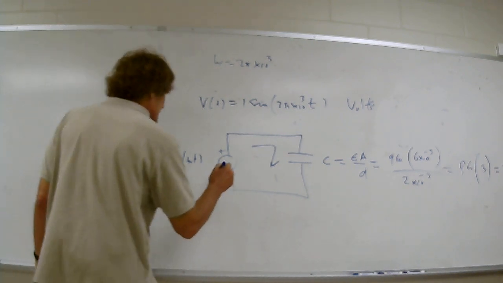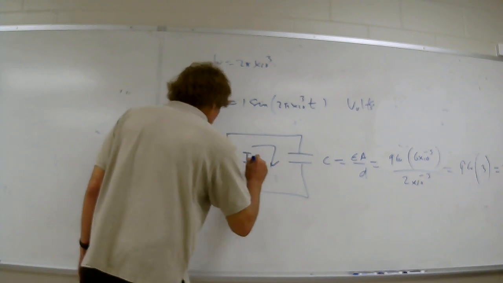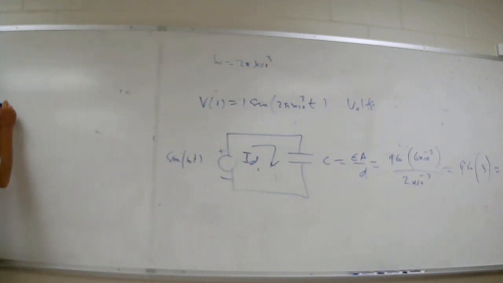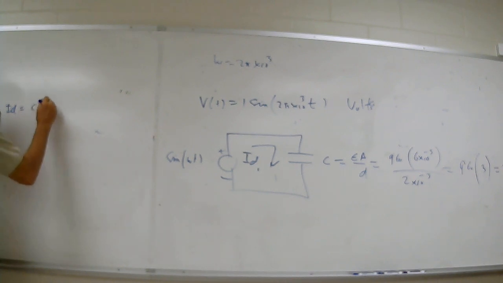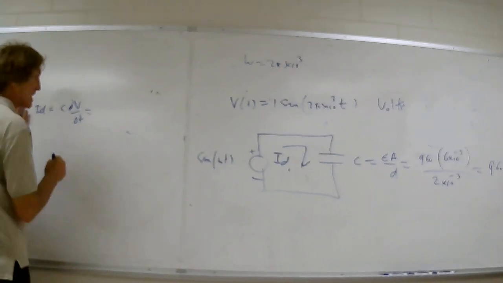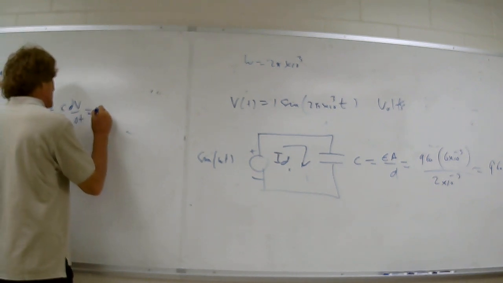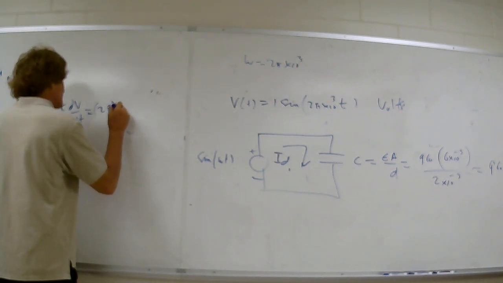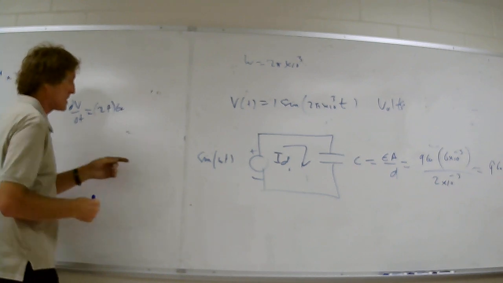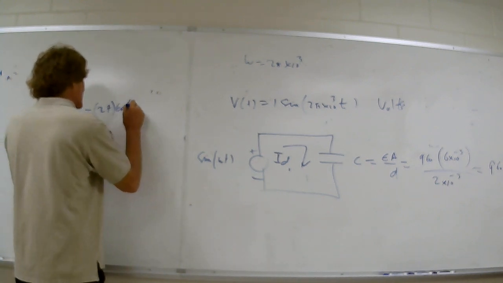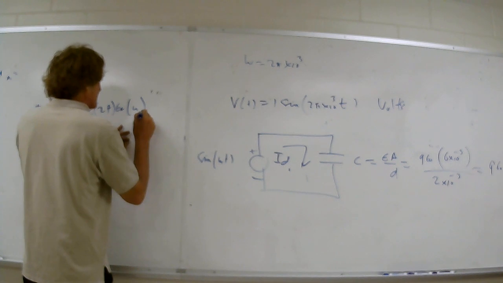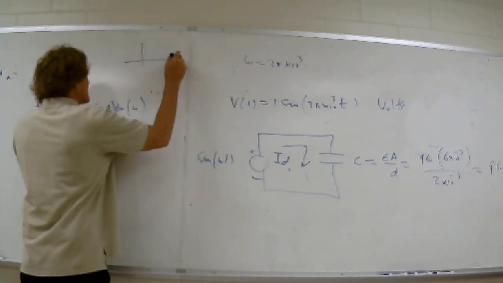If I wanted the displacement current, the whole thing, I displacement itself is equal to C times dV dt, right? We got the capacitance, it's 27 epsilon naught. dV dt is going to bring an omega out, so you're going to get omega here.